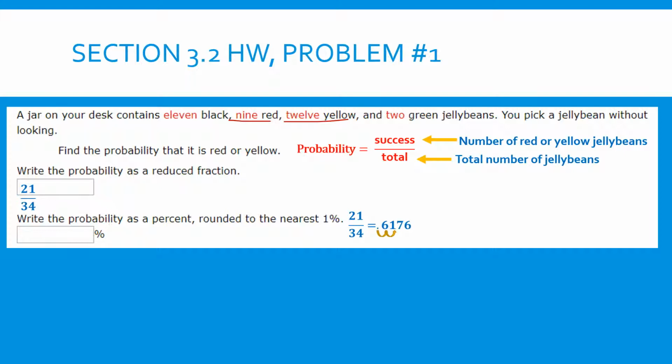That turns it into 61.76%. It says to round to the nearest whole number, the nearest 1%. So 61.76 is approximately 62%. Notice that they've already got the percentage symbol in there for you, so you don't need to put the percent symbol in there. You only need to write the number.